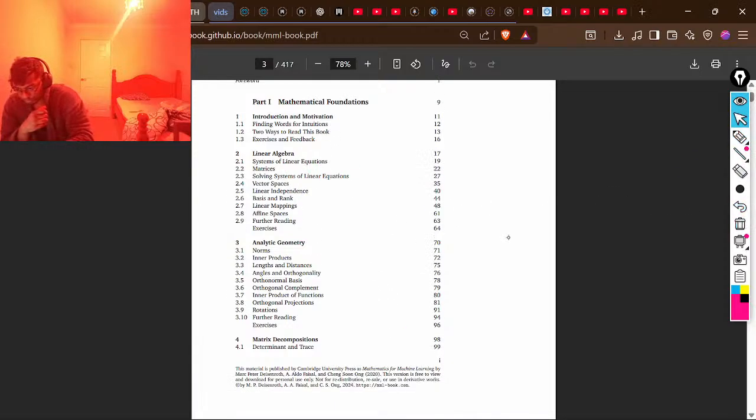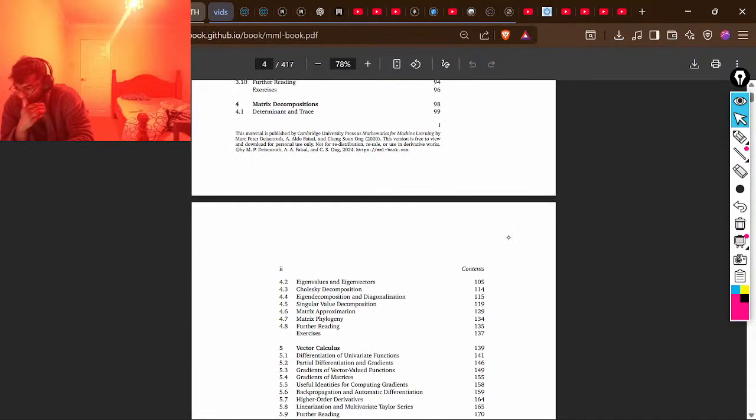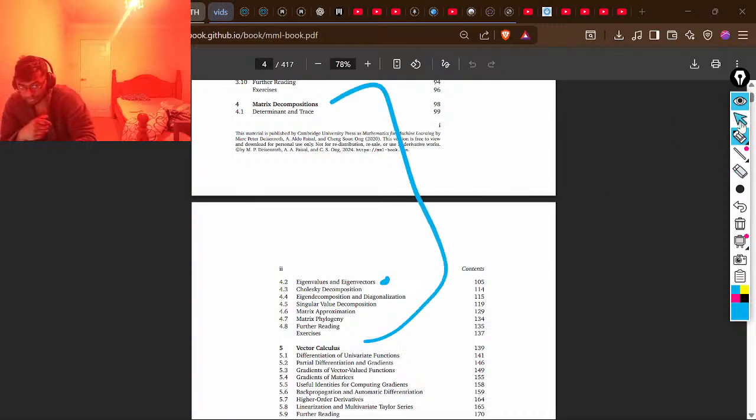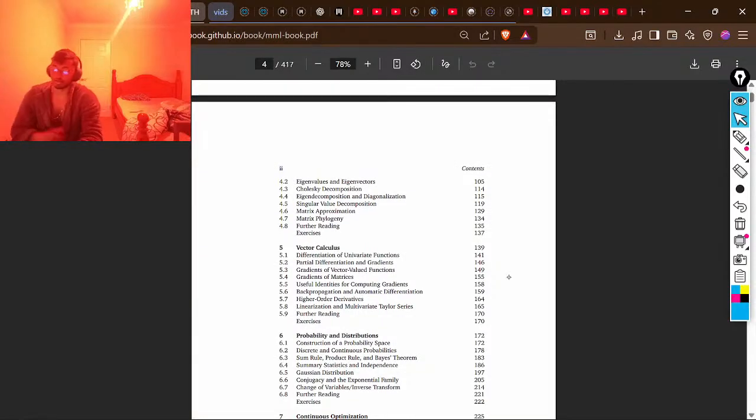Going back, matrix decomposition and trace are a bit more advanced. Eigenvectors I know a little, but other than that all of this is pretty high level and I've never done anything with it.